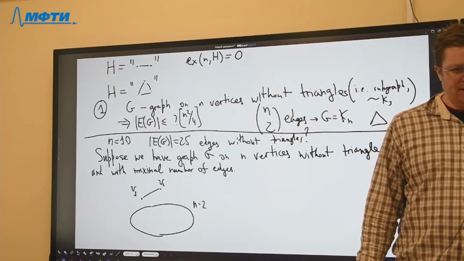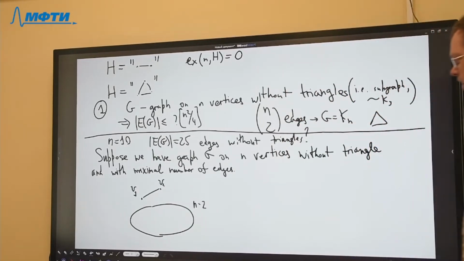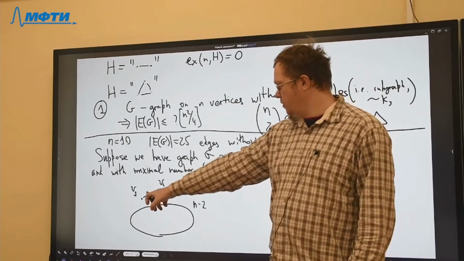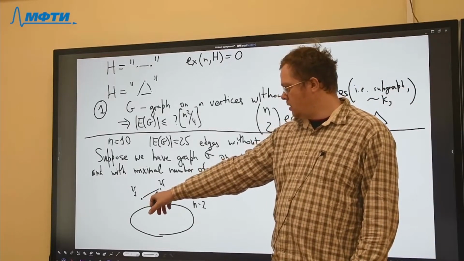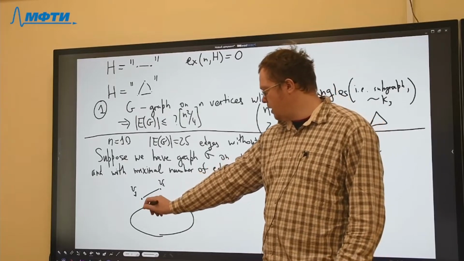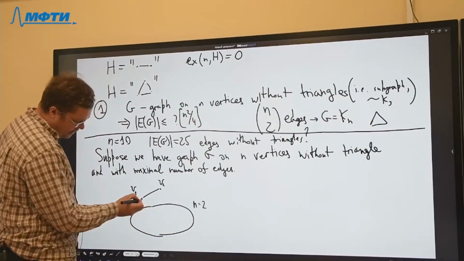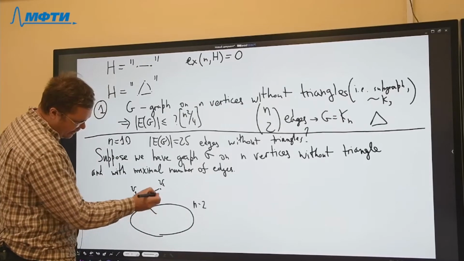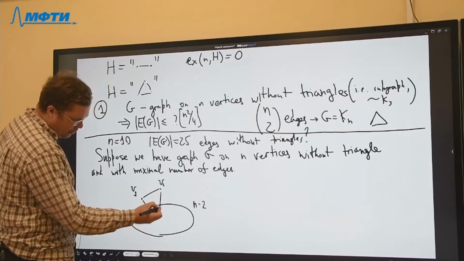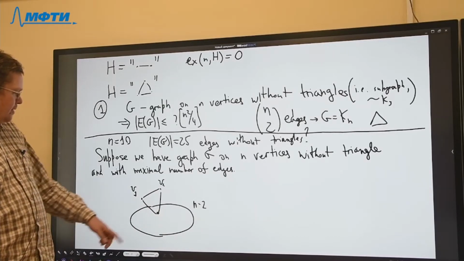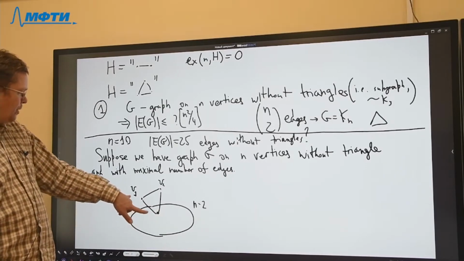Two times n minus 2. Yeah, so of course it can have triangles. It means that these two vertices can have a common neighbor. So they cannot connect to the same vertex. It cannot have the situation where there is some vertex V with the edges V1V and V2V.